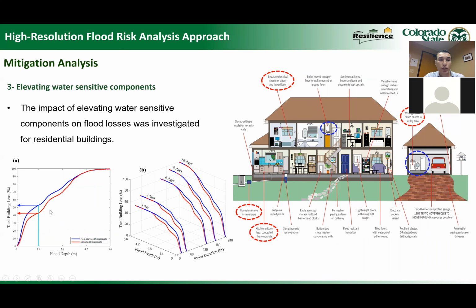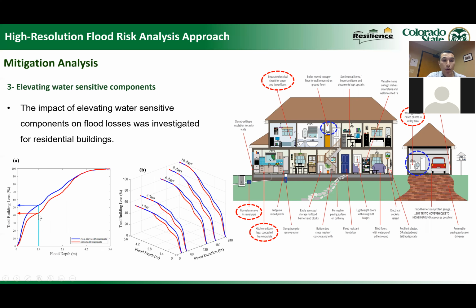And this actually shows us the loss curves with mitigation measure in red color and without any mitigation in blue color. So if I have a building without elevated components, the building will stick with this blue curve. And if I were able to use resilient materials and elevate the water sensitive components, the loss will be on this red curve. It seems like the loss reduction is not that big.